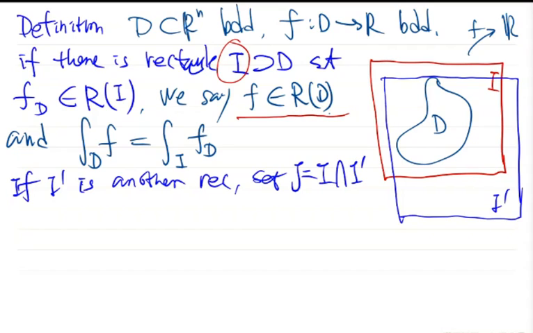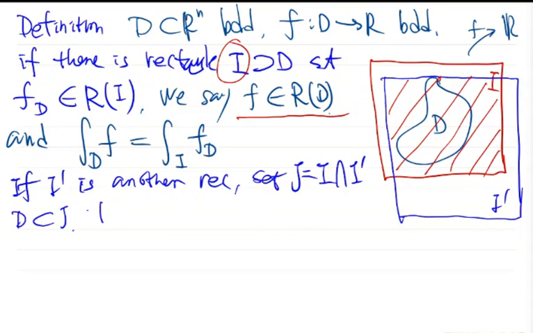So J is this rectangle, this red rectangle is our J. That is the intersection of I and I prime. So this is a rectangle containing D.